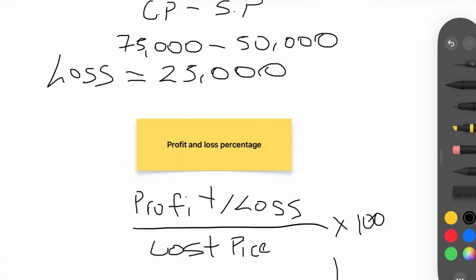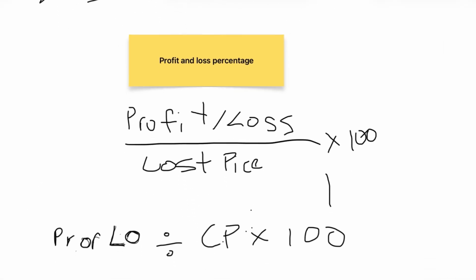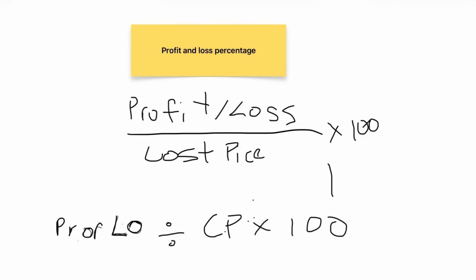And that is how calculating profit and loss goes. Now, another thing that CXC loves to ask is for you to calculate the profit percentage or the loss percentage. And here we have a formula that looks a bit jumbled, but let me explain it. So it's profit or loss, whatever you're trying to find, as the numerator of the fraction, divided by the cost price, times 100.